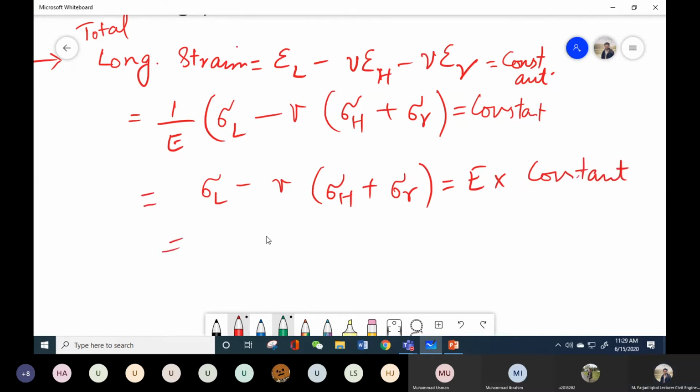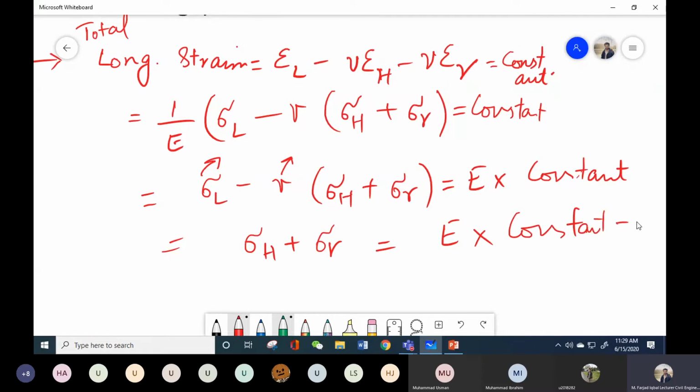Sigma L, the longitudinal stress, is also constant, and nu will also be constant for one type of cylindrical element, so I will be left with sigma H plus sigma R is equal to E into constant minus sigma L divided by nu, and the negative sign of this nu will come over here.